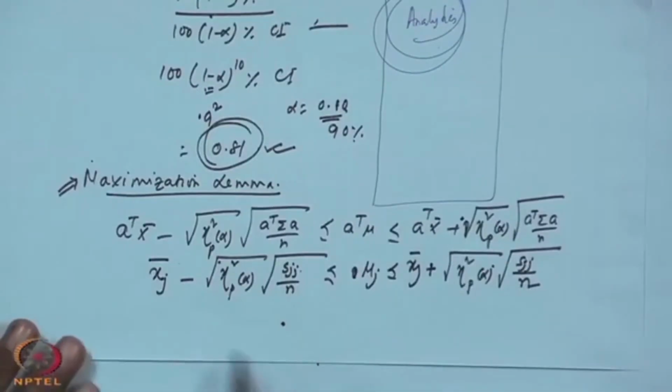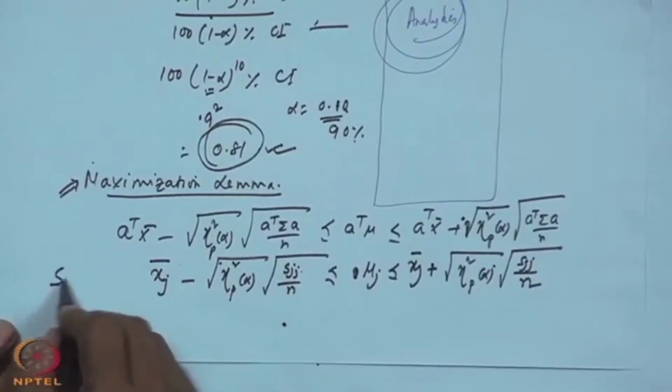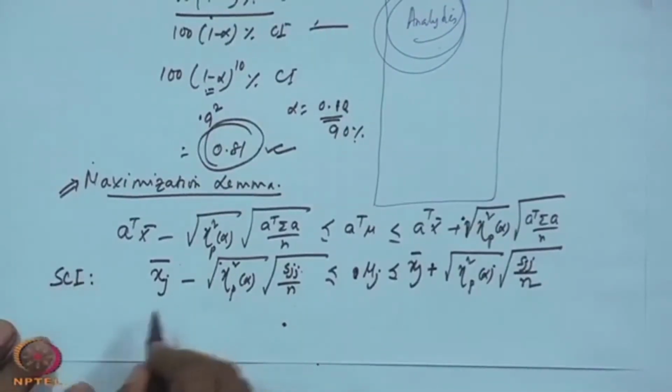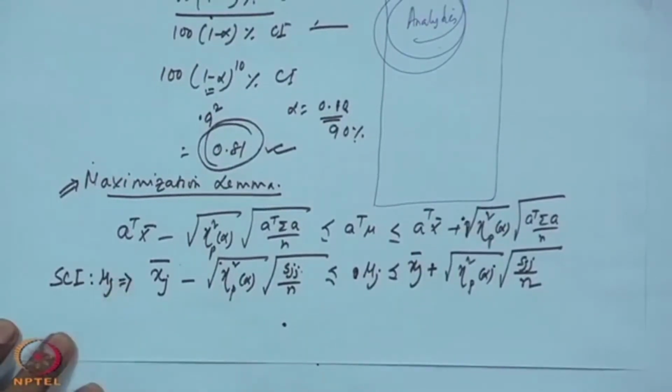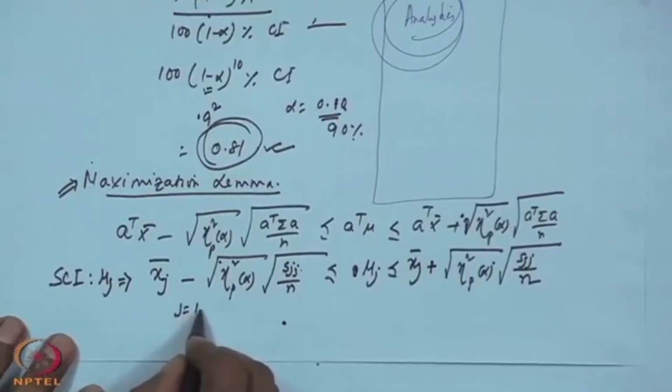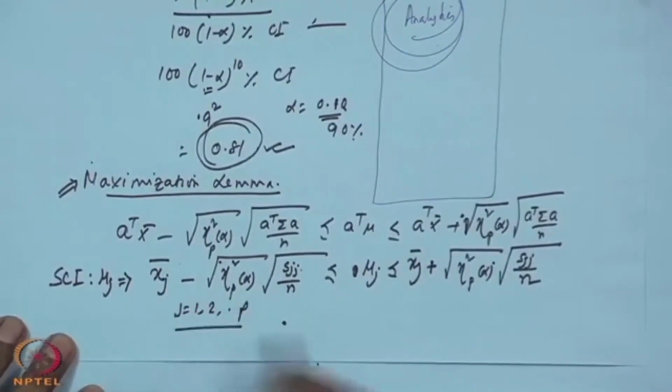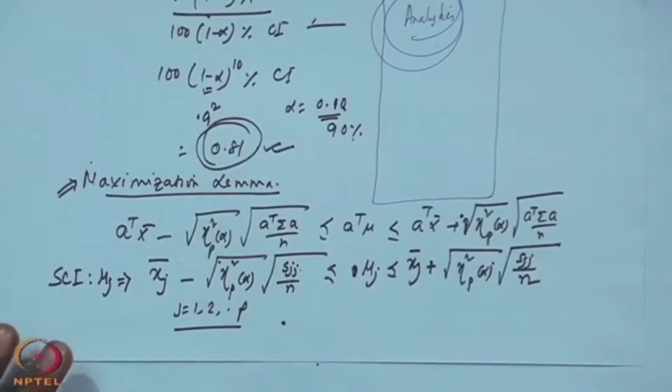This is the simultaneous confidence interval for mu j, and if you change j from 1 to p, you will get the confidence interval for all the other variables.